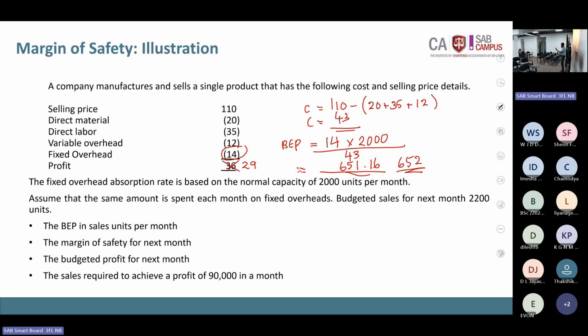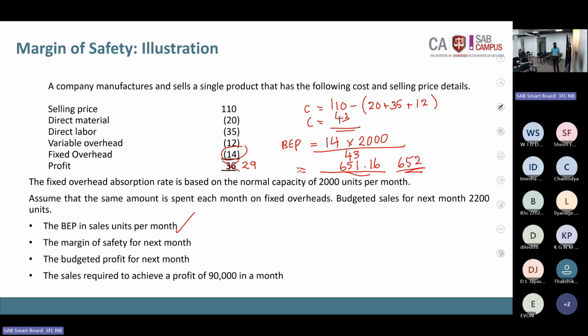To cover all the costs, we need to sell 651.16 units, which means we have to sell one more product, so it should be 652. That is the break-even point in units.